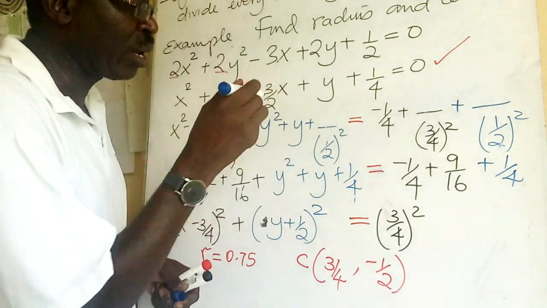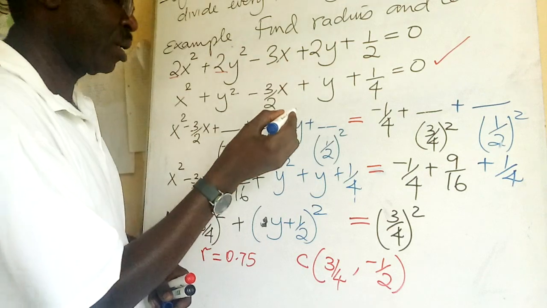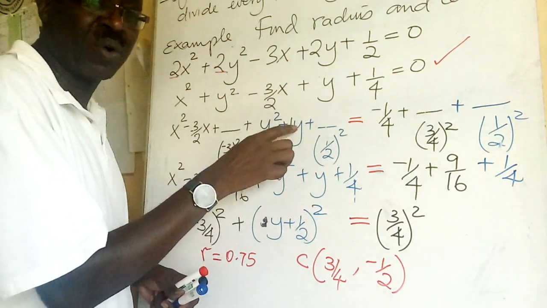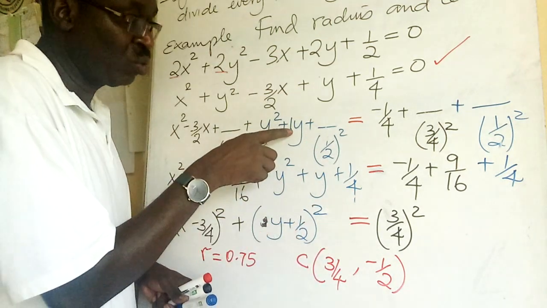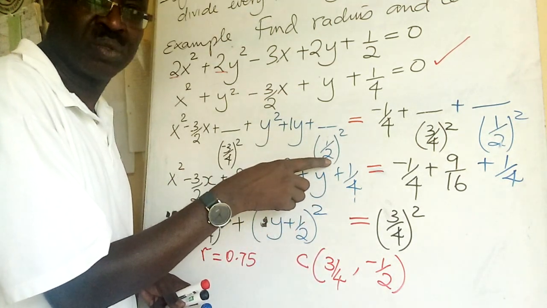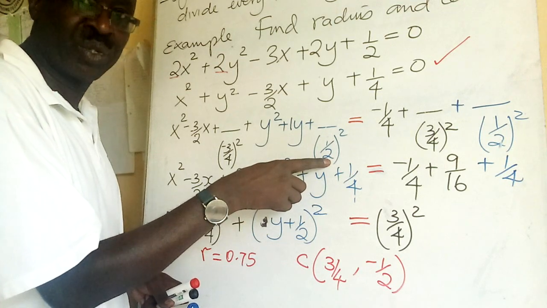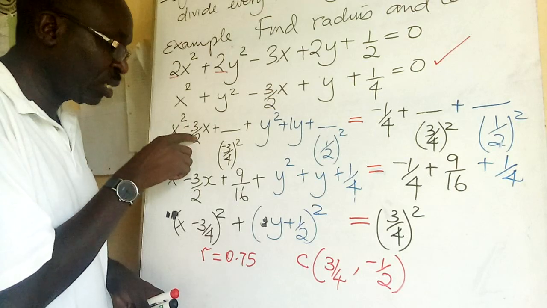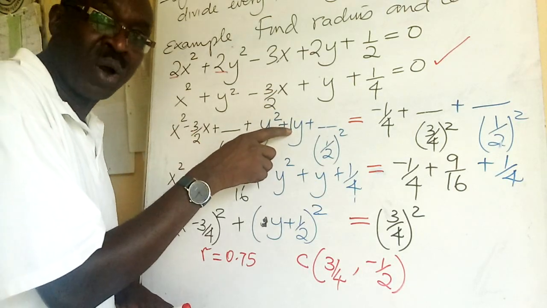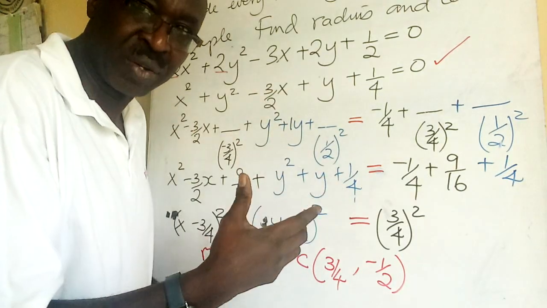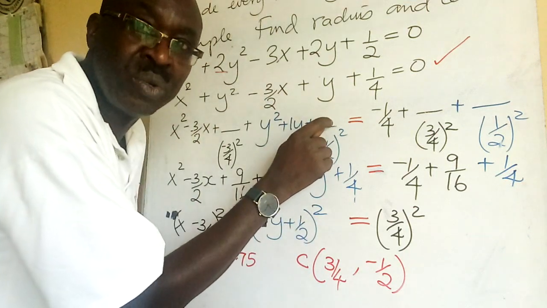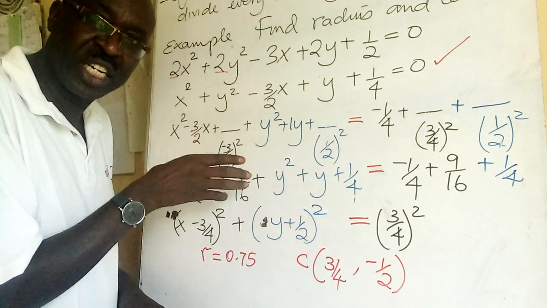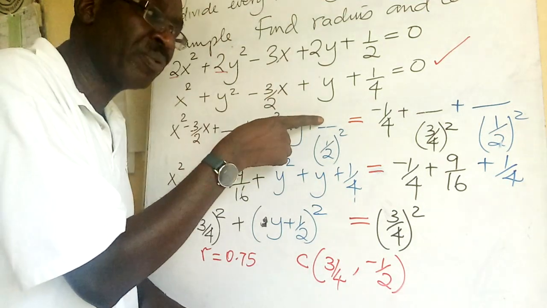It may not be there, but it is 1. If I say 1y, it doesn't change it. So it is 1 divided by 2. Or you take 1 times a half. That is how it happens, to get the value that will go in the gap. That is the process of getting the value that will go in the gap.